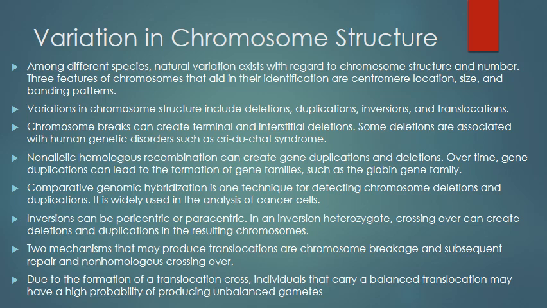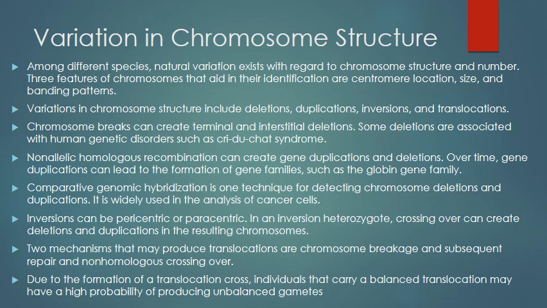Comparative genomic hybridization is one technique for detecting chromosome deletion and duplication. It is widely used in the analysis of cancer cells. Inversions can be pericentric or paracentric. In an inversion heterozygote, crossing over can create deletions and duplications in the resulting chromosomes.